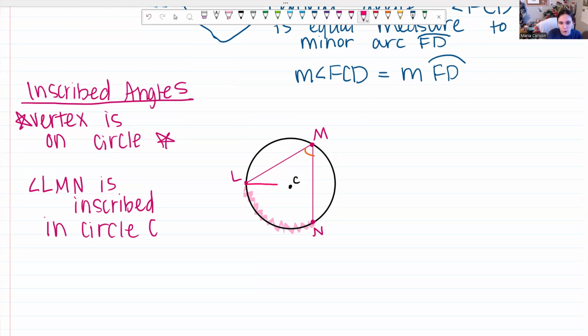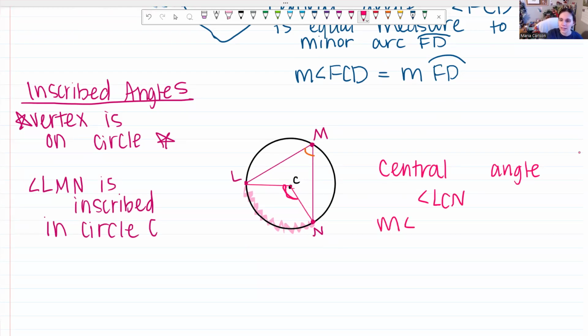As the angle formed from L to the center, forming the radius, and the center to N, right? So I could draw this central angle here, LCN. And we know that that has the same measure as arc LN. So the measure of angle LCN is the same as the measure of that arc.